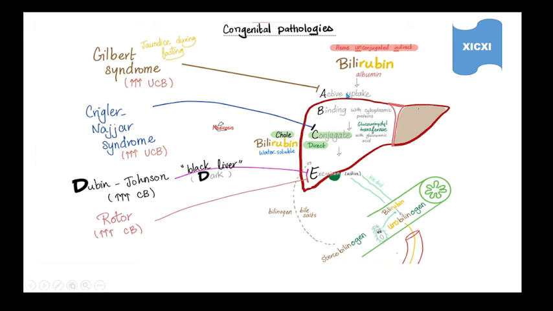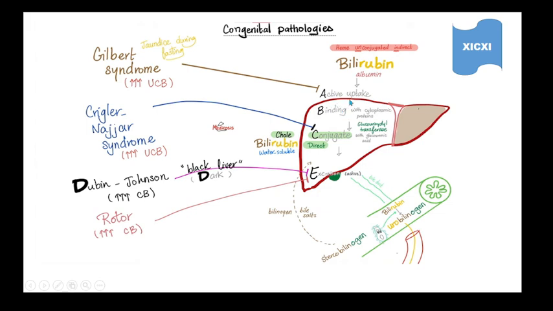Let us look at some congenital pathologies where the bilirubin can be increased, so you can understand where there is a defect. Now you know that the bilirubin is formed in the blood. This bilirubin formed in the blood is an unconjugated one. So the unconjugated bilirubin is carried by albumin, and then taken up by the liver.